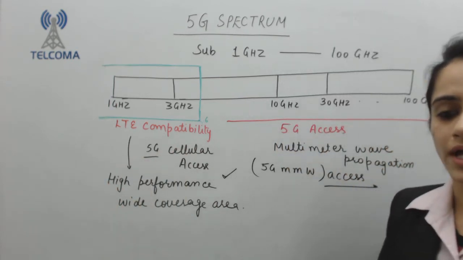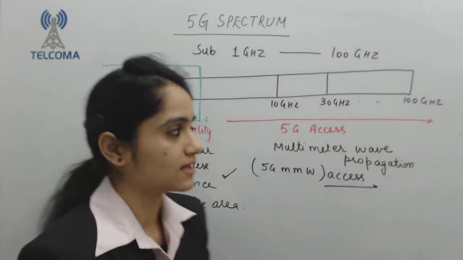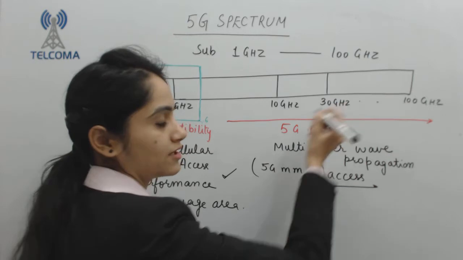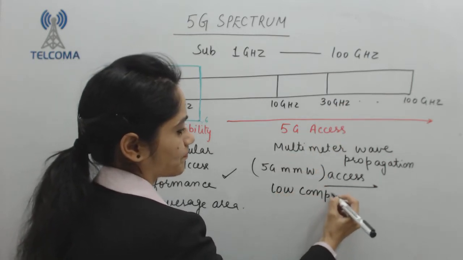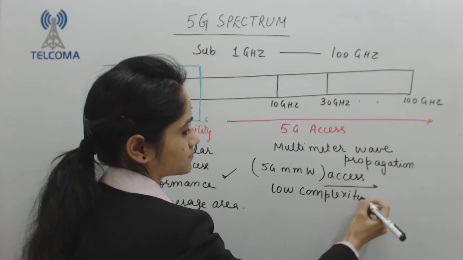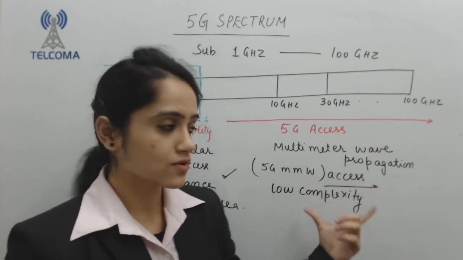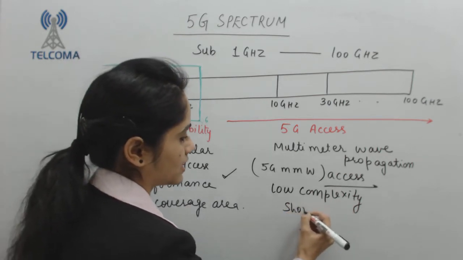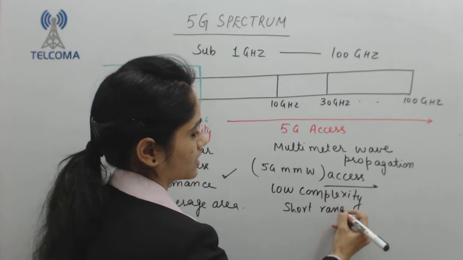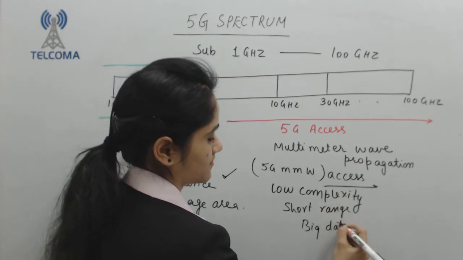But if we require low complexity design and short range, that means if I require this particular band, there will be low complexity, because this much is not compatible with LTE. So we have very little complexity, but we have short range. And I can say that we can achieve big data in this.